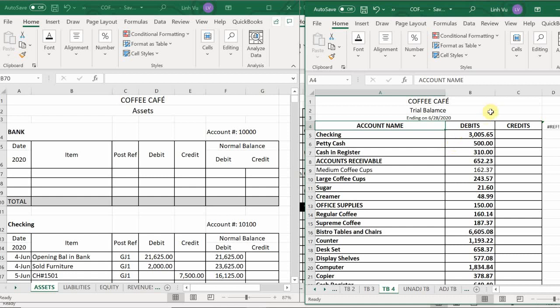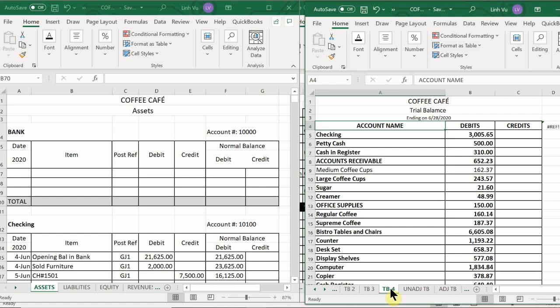So now that I made a copy, I want to make sure I'm still on trial balance number 4. Okay. And now we can go through each and every single account on our ledger, and without having to type it all in, we can just go through each one and make changes to that one. And it's not going to mirror trial balance number 3.